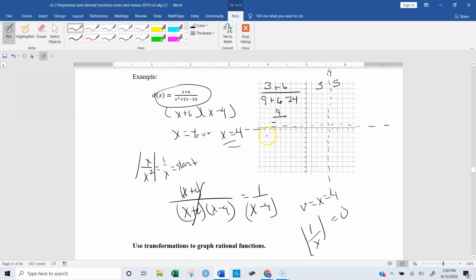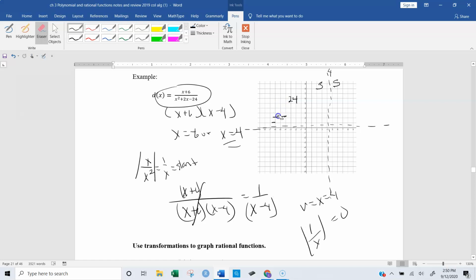Can't add today. Oh, and I'm making it too hard. This is what I was thinking. All right, let's try this again.